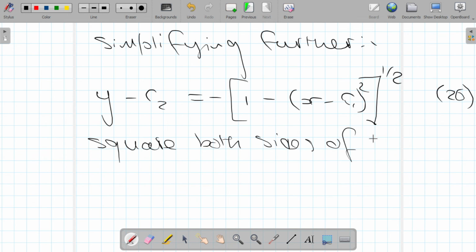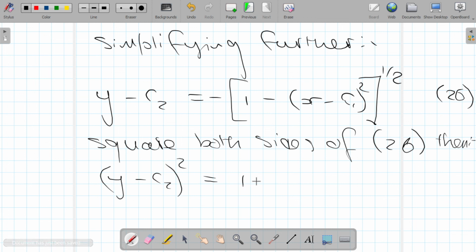So if we square both sides of equation 26, we get y minus c2 all squared, and that's equal to 1 minus x minus c1 squared.